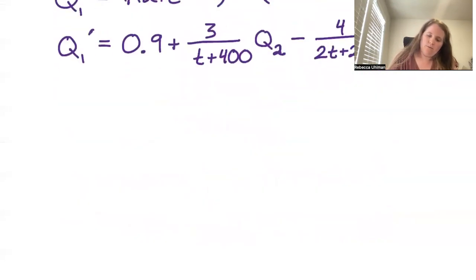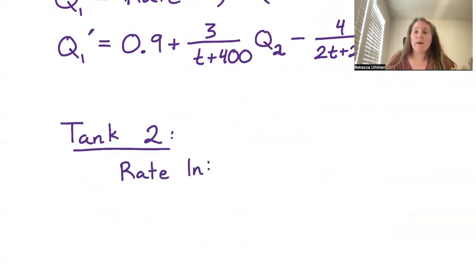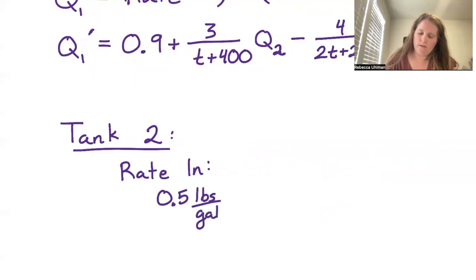For tank 2, for rate in, we are adding 4 gallons per minute of 0.5 pounds per gallon. So we have 0.5 pounds per gallon times 4 gallons per minute.